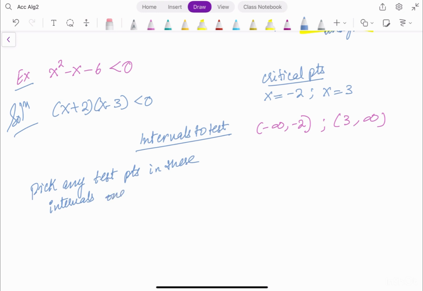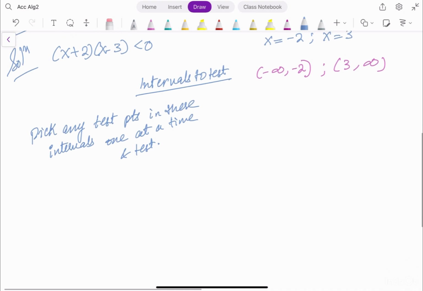That means between negative infinity and negative 2, I can pick any test point. And on those test points, we will check our factored form. So let's select between negative infinity and negative 2 the test point x equal to negative 3.